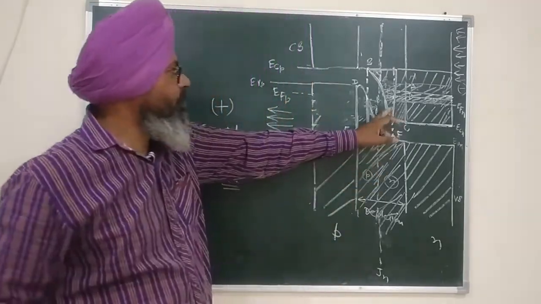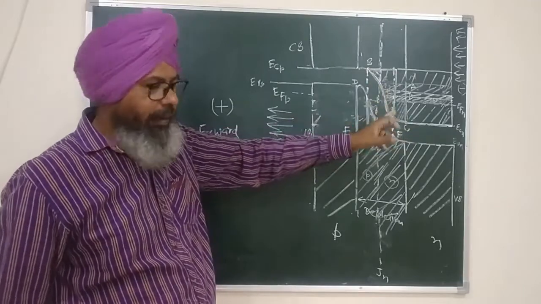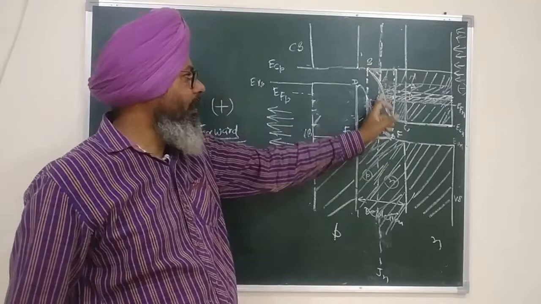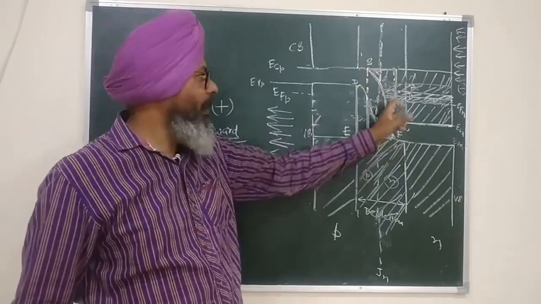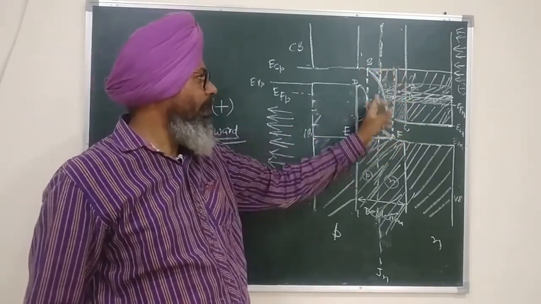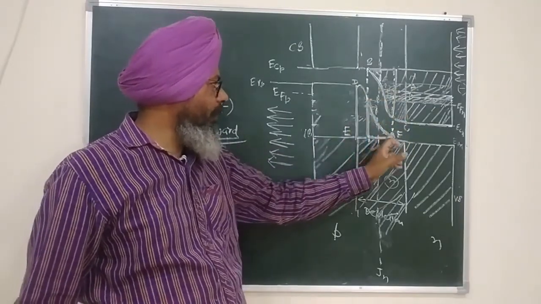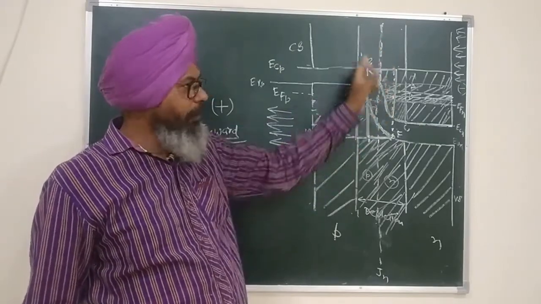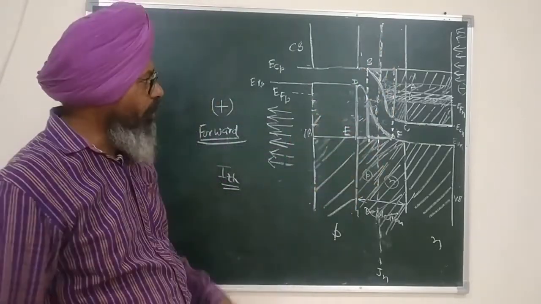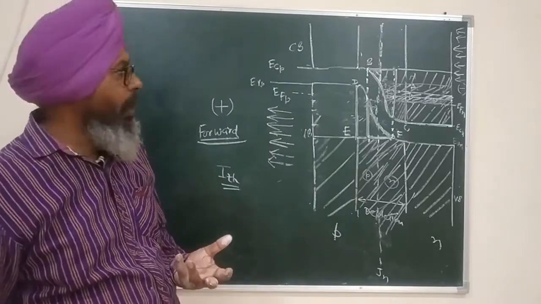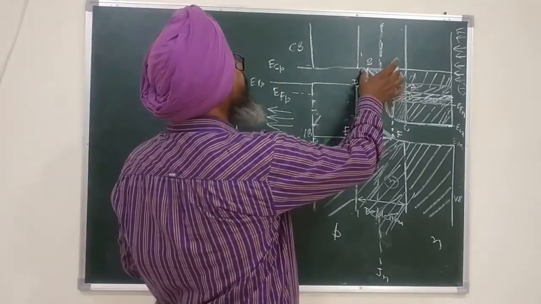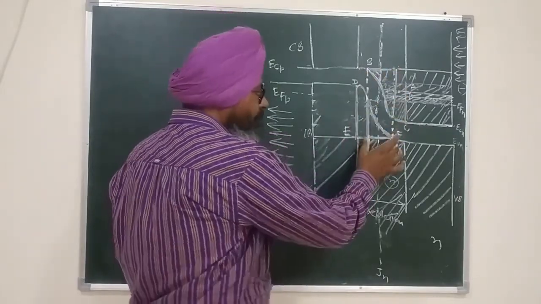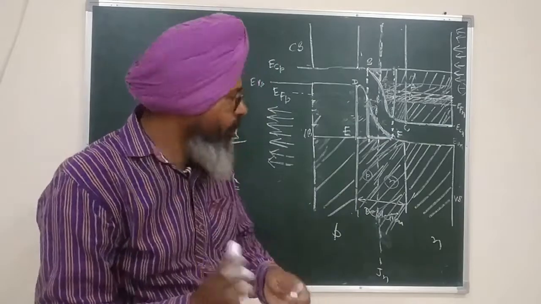And you can see this part, I won't use the word level here, this part is a band. So this band is actually filled and this band is actually empty, and this band is above and this band is below. Now the population inversion has taken place, and kindly remember only this region is taking part in population inversion, and this part is actually a sub part of the depletion region.